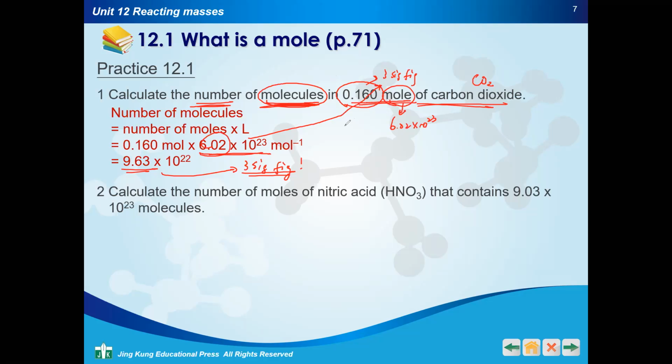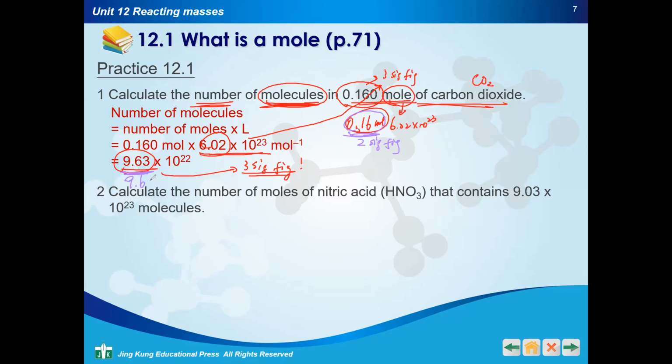But if you see it as 0.16 mole only, what is the number? 0.16 only. So what is the answer I need to change? If I say this is 0.16, the answer should be what? Just 9.6 is wrong.